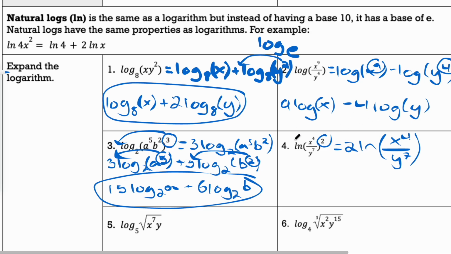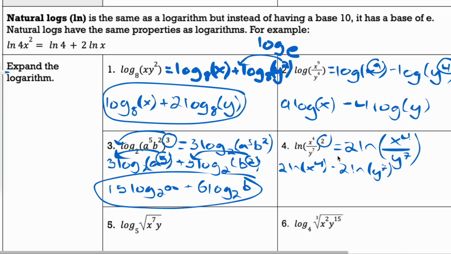By just moving that outside. And now, same thing as before, except opposite. Since we're dividing, we're going to subtract. So we're going to say 2 times ln of x to the 4th minus 2 times ln of y to the 7th. Sorry, that got kind of close. Hopefully you can just distinguish that line right there.